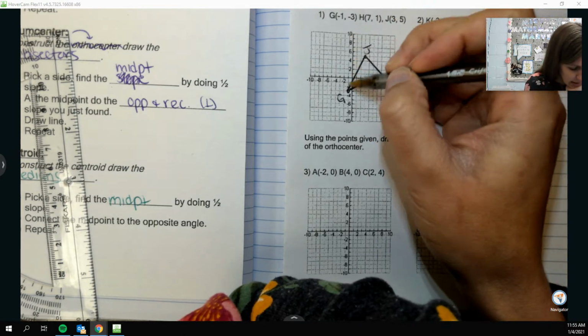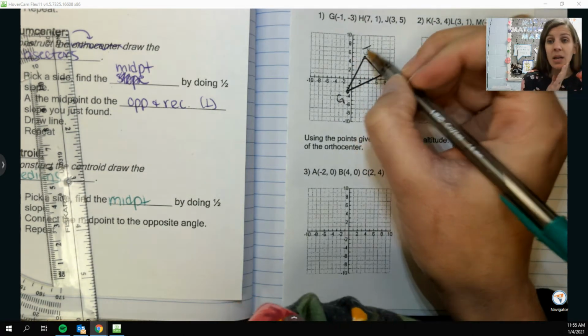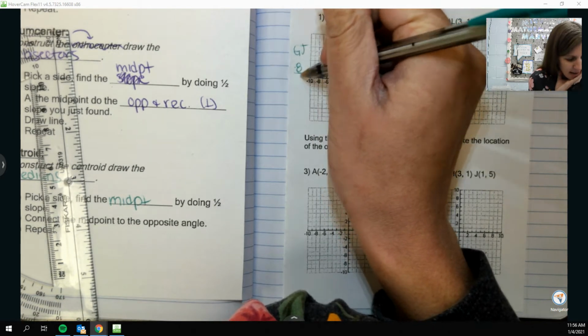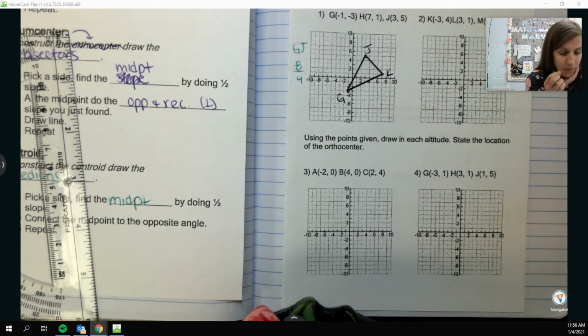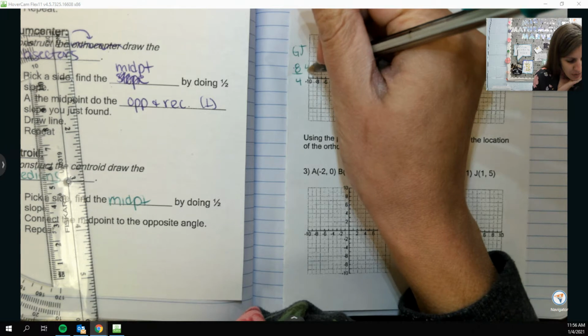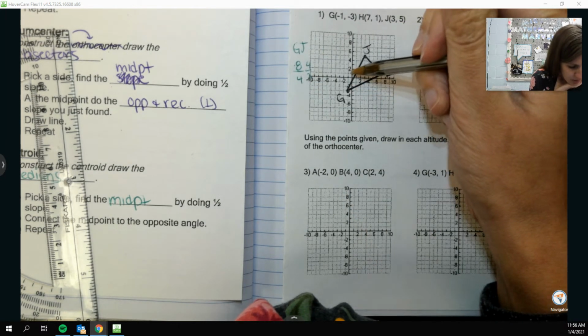So I went up 8, and now I'm going to go over 1, 2, 3, 4. So from G to J, I went up 8 and then right 4. But I need to do half that to find the middle. So I'll do 4, 2. So we'll go up 1, 2, 3, 4, and then over 1, 2.